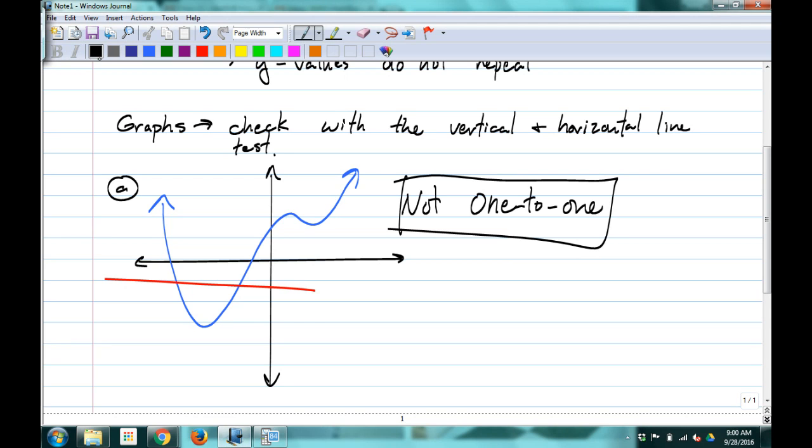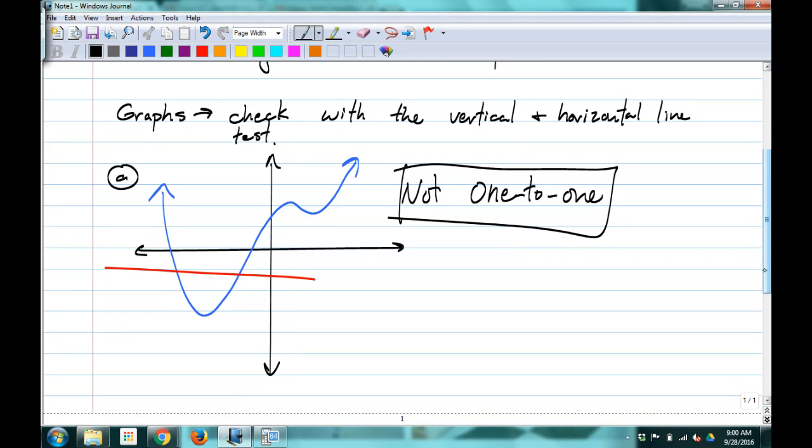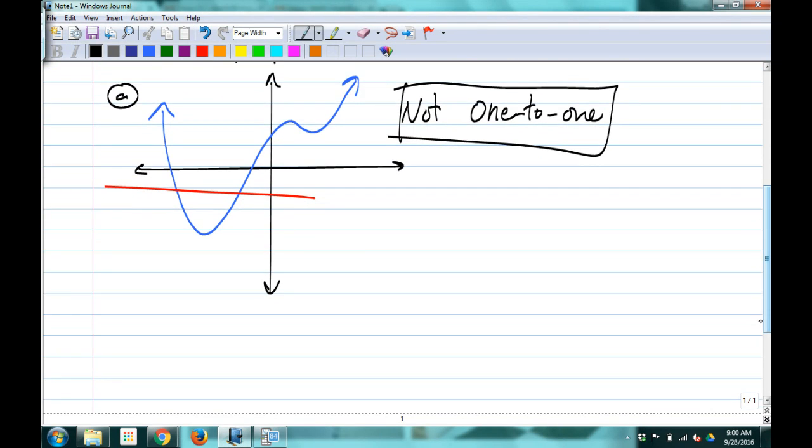If we get an equation, what could we do to it to decide if it's one-to-one? Maybe it's a function f of x equals 3x squared minus 5x plus 7.